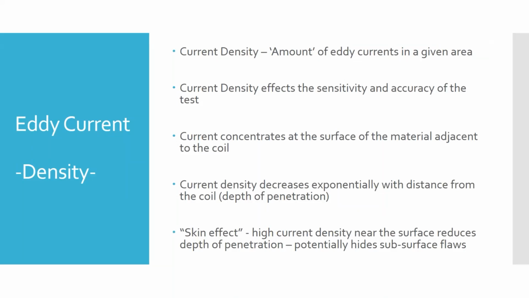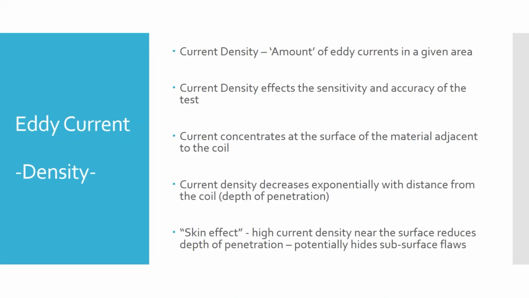Because remember, those eddy currents, not only are they there, they're creating a magnetic field of their own. And so the stronger it gets, the more that magnetic field is going to affect our probe, and the less it's going to be able to look further down into the part, for instance. So the current concentrates, it forms mainly at the surface and any material that's directly near the coil.